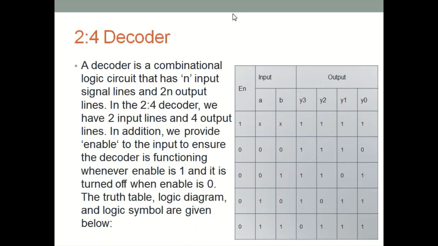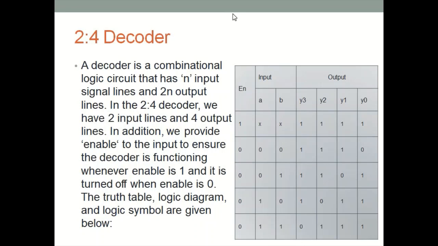For example, in a 2:4 decoder we have 2 input signals and 4 output lines. In addition, we provide an enable input to ensure the decoder is functioning. Whenever enable is 1 the decoder is on, and when it is turned off, the enable is 0.